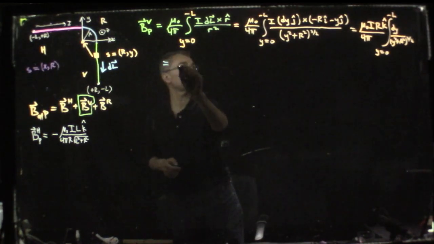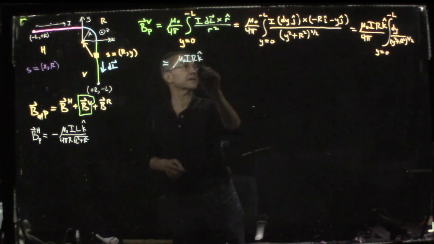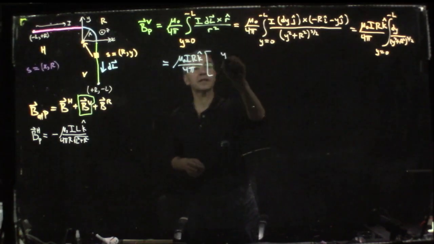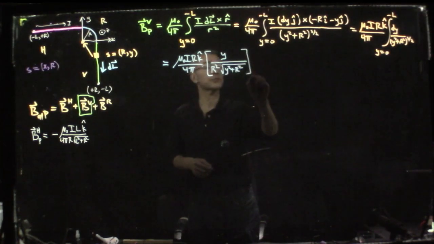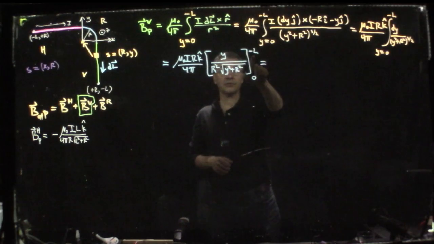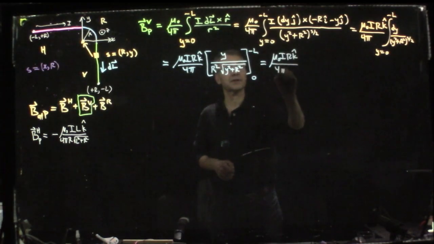Okay, then we can evaluate that integral. So this is mu naught I r k hat over 4 pi, and then this is going to be y over r squared square root of y squared plus r squared, evaluated from 0 to minus L. Okay, so the first term is going to be minus L. So here's mu naught I r k hat over 4 pi.